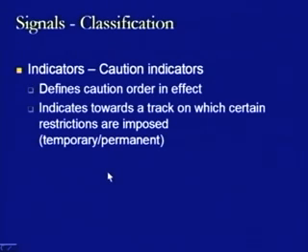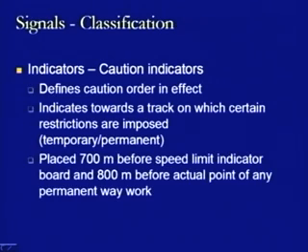It is not necessary that they are always permanent, and not necessarily that these restrictions are imposed on all the tracks which are laid side by side. Sometimes they are imposed on some of the tracks and the other tracks are not restricted.